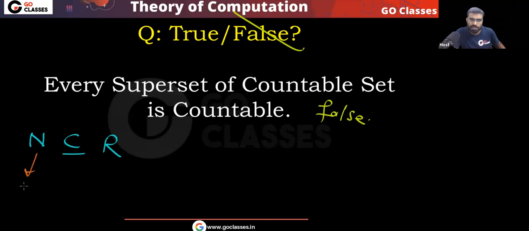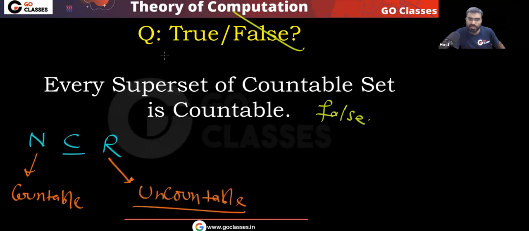Yes or no? See, this is countable. We have already seen R is uncountable. Every natural number is a real number. We know this set of real numbers is uncountable. So very simple.